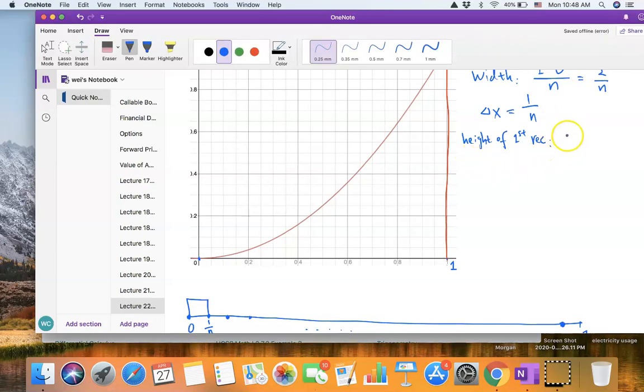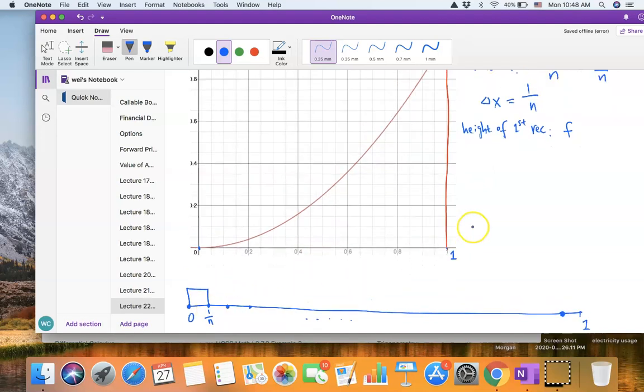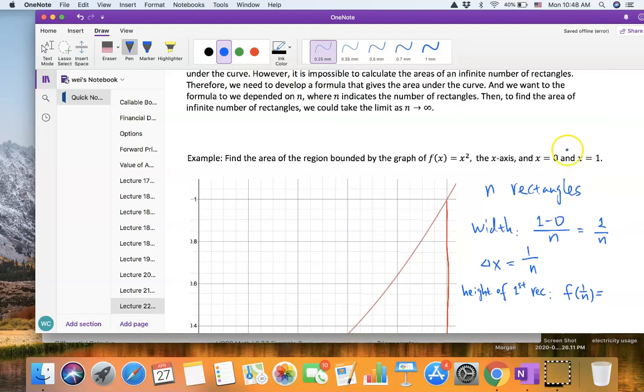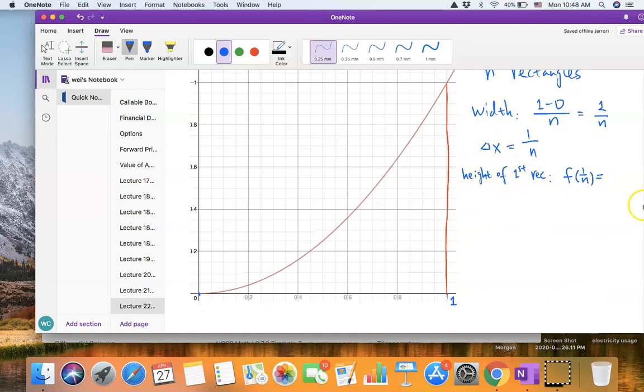It's the function value at this point, at 1 over n, which is 1 over n squared.